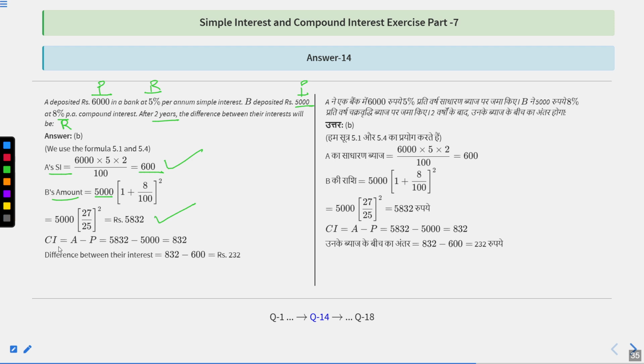So what will be the CI? We know the principal is 5,000 and amount is 5,832. So the compound interest is 832. So the difference between simple interest and compound interest between these two persons A and B is 832 minus 600, which is 232. Clear? B is the correct answer. Next one.